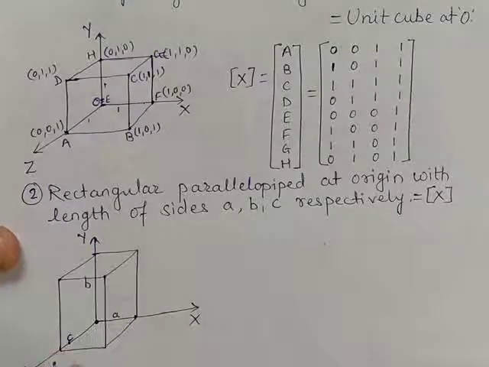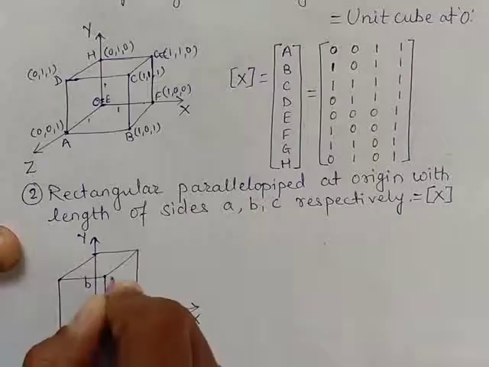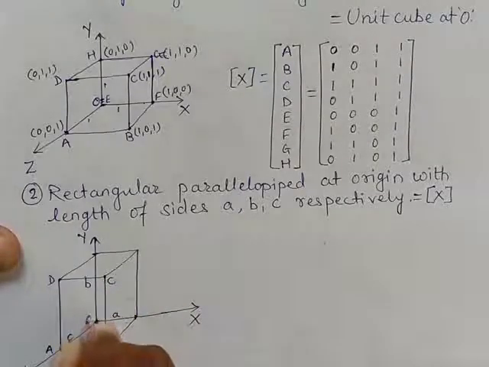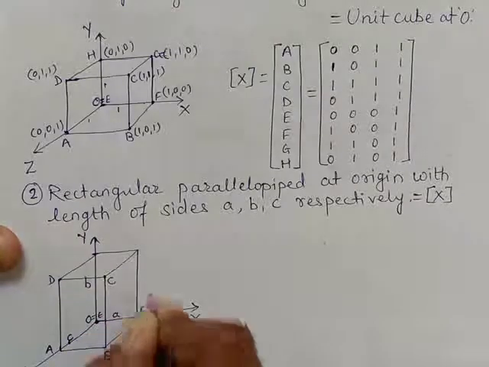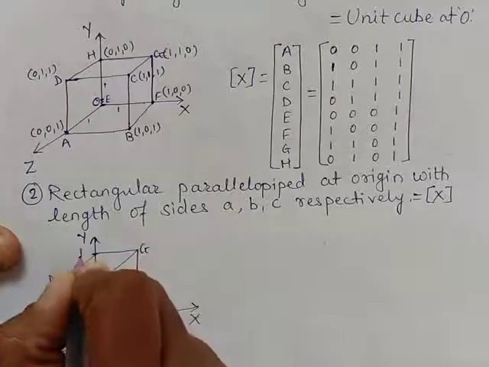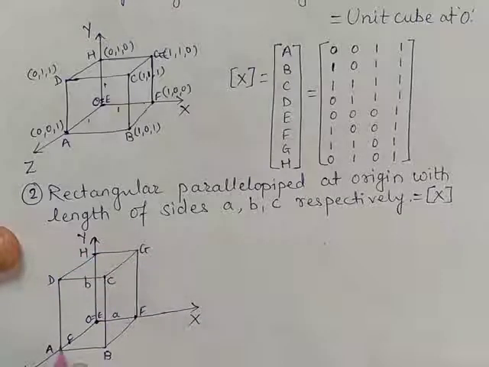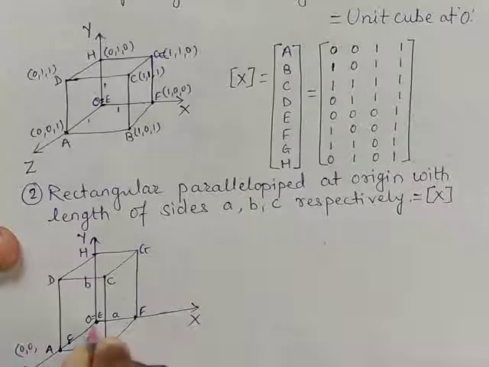So similarly, just like the cube, let's give naming to this. Origin is nothing but E again. Suppose F, G and H. Now what are the coordinates of this point A? A is on the Z axis, so 0, 0, and this is C unit.